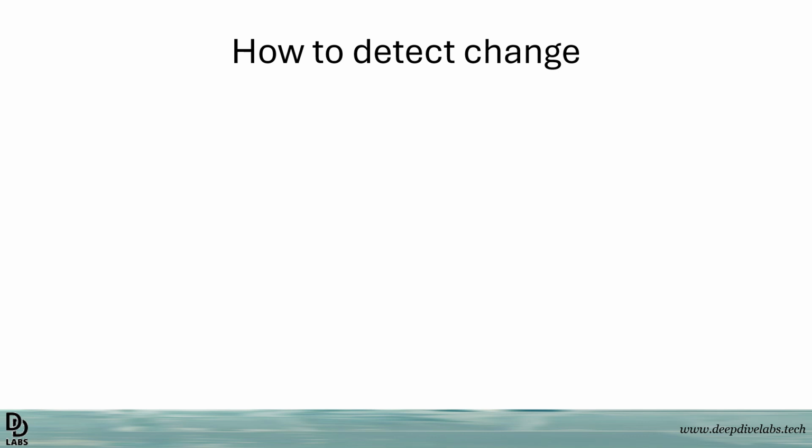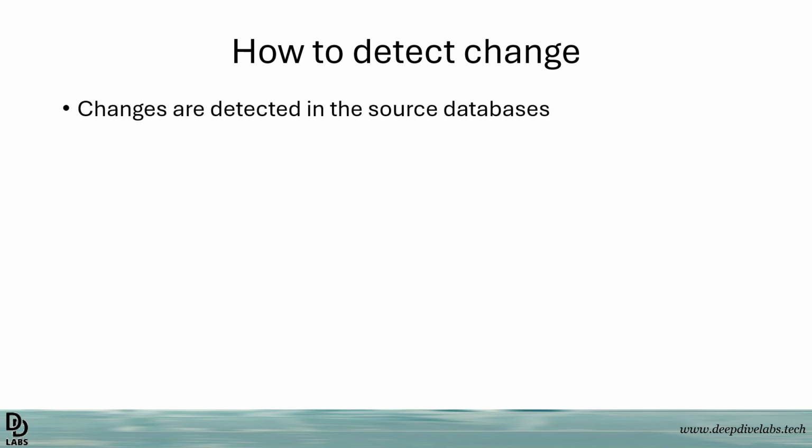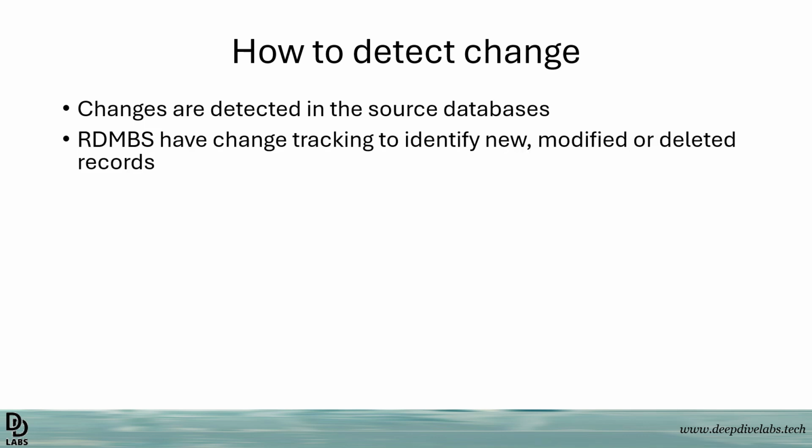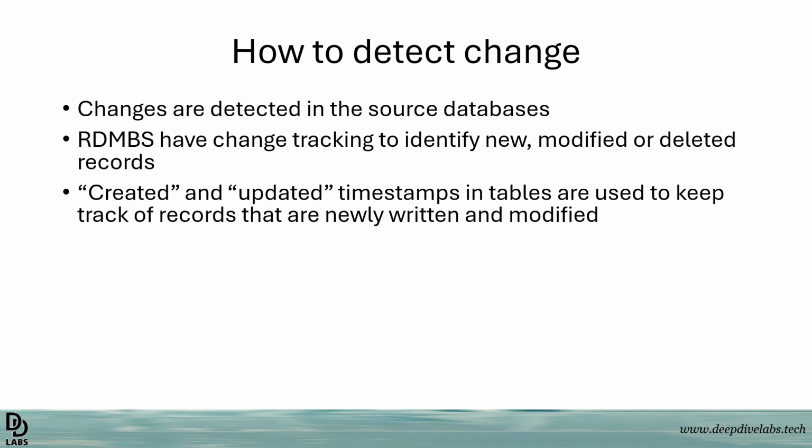So how do we detect change? Changes are typically detected in the source database itself, your operational database. These source databases are typically RDBMS systems. A typical RDBMS system has the capability to do change tracking to identify new, modified and deleted records. Often you must have seen in some of these tables, if you have used an enterprise database, a created date, an updated date, timestamps in tables, right?